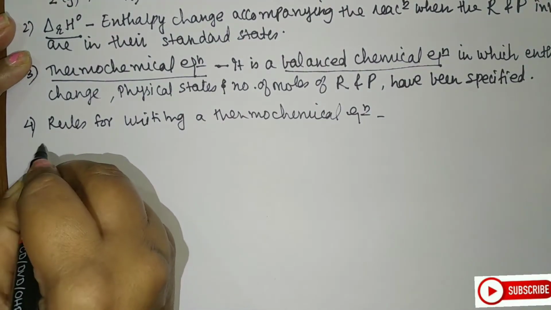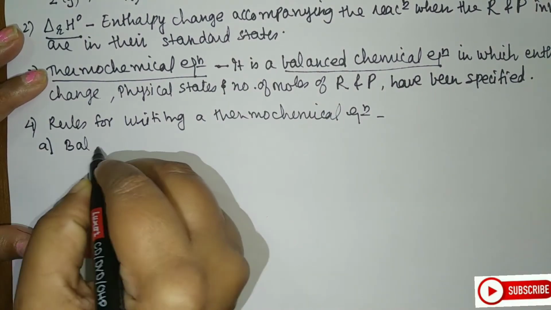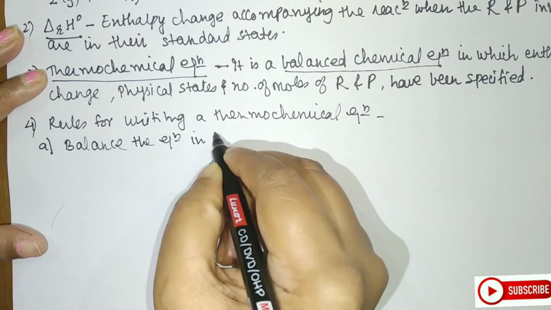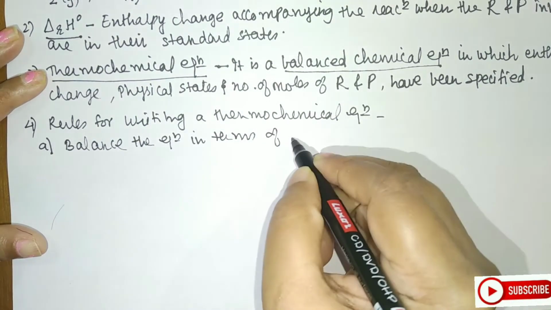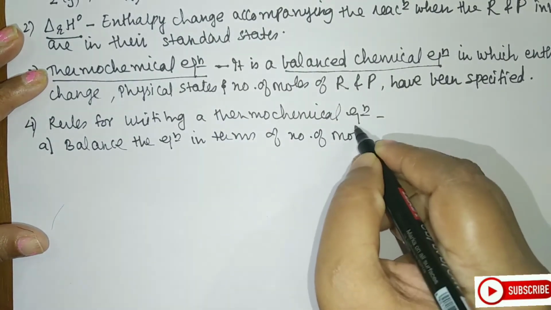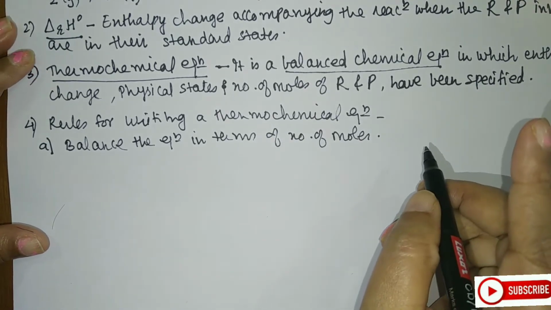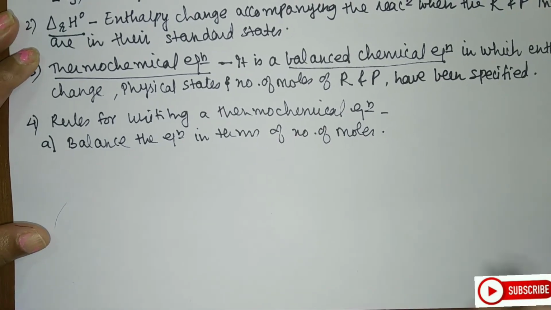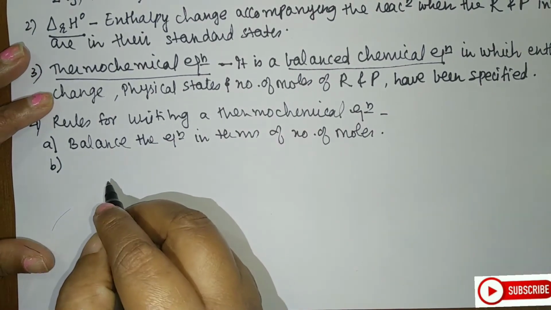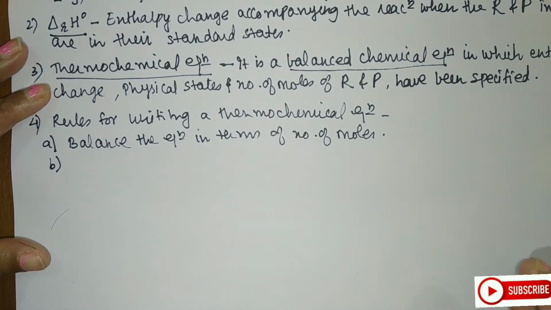So the first rule here is that you have to balance the equation in terms of stoichiometric coefficients or number of moles. So whatever equation you are writing must be balanced in terms of number of moles. The second rule is that the value and the sign of enthalpy change must be written on the right hand side.